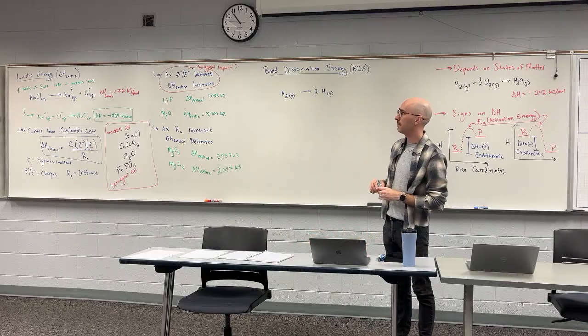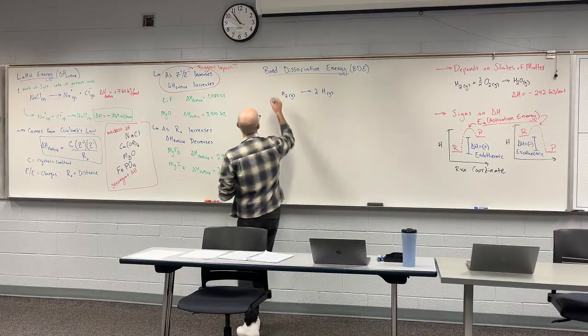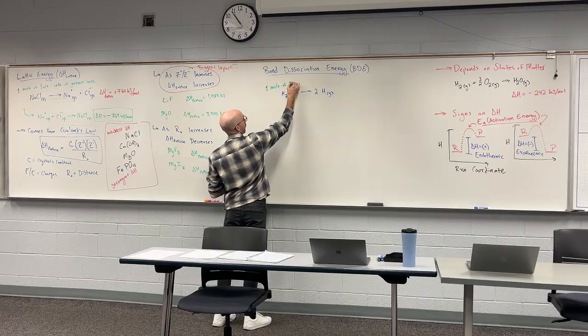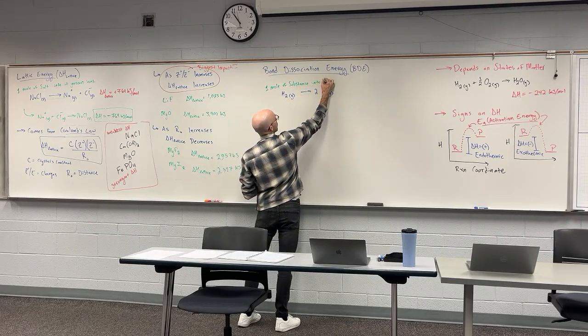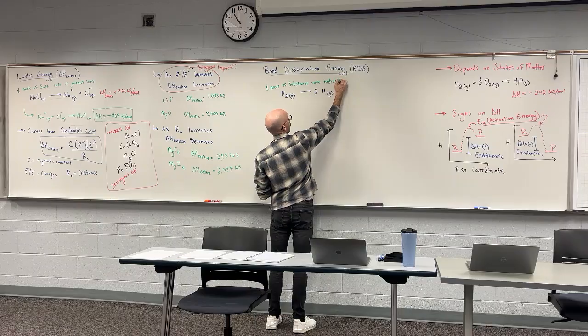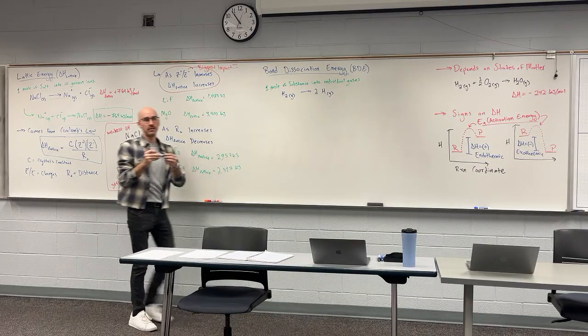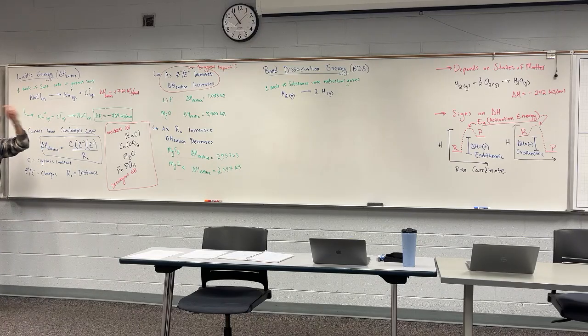Just like last time, we had 1 mole of salt into its gaseous ions. This is 1 mole of substance, whatever chemical you want, into individual gases. You'll notice that these are not ions. We're not dealing with ions anymore, we're dealing with molecules.